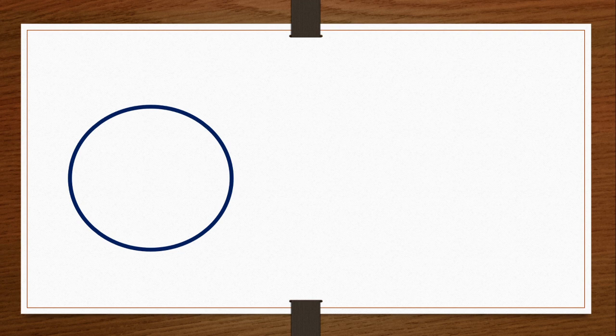Now, how many edges or sides does this shape have? Do you know? Okay, before that, this is called a circle. What is this? This is a circle. Now, we will count the edges or sides. Can you see any edge or side? Yes, it has only one edge. How is the edge?